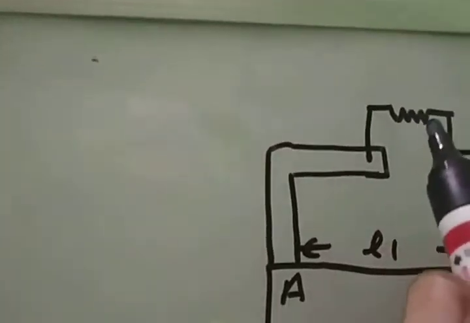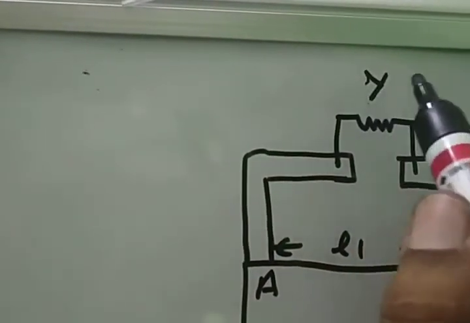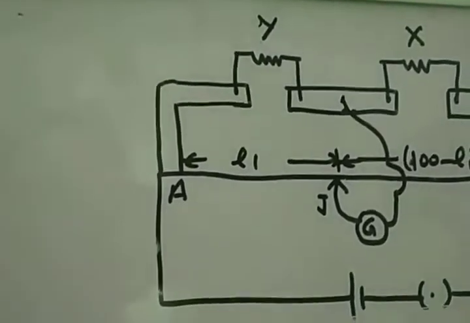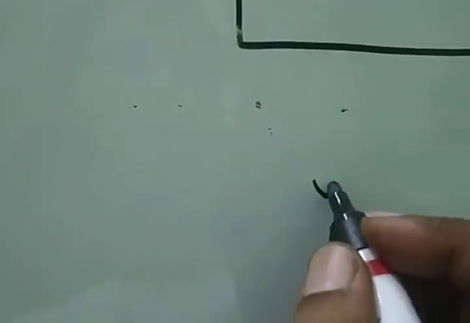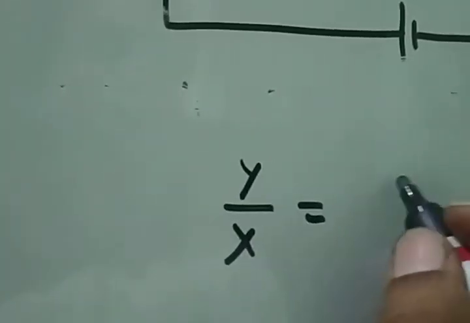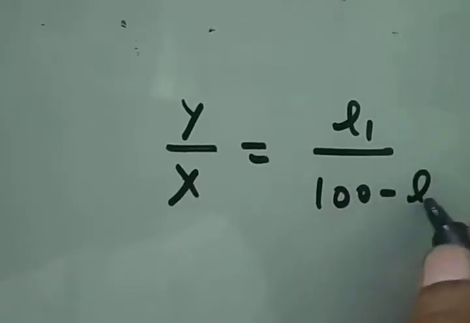Now in this situation, what happens, that interchange means now on left gap it will be Y and right gap it will be X. So again we apply left gap resistance Y, right gap resistance X. Suppose it is L1 100 minus L1.